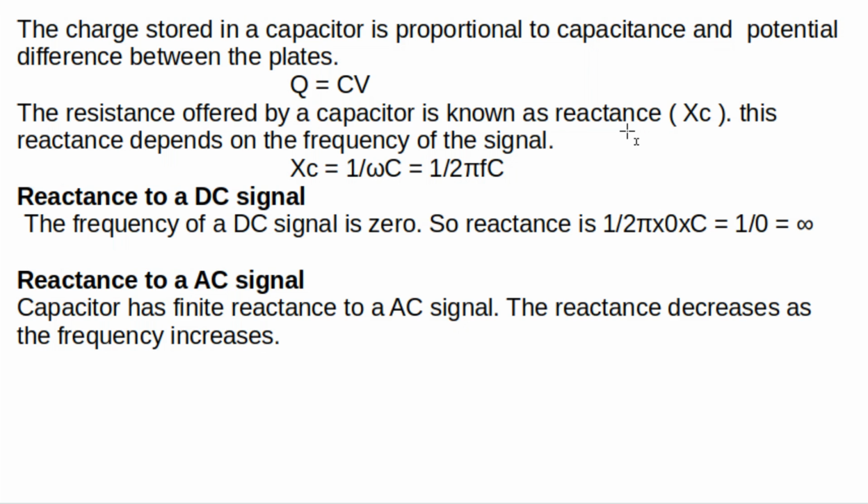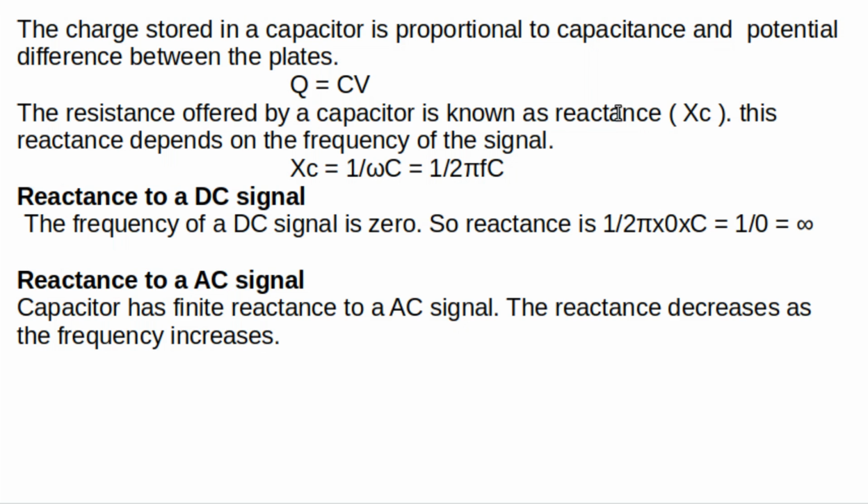We know that the resistance of a resistor is a constant for all frequencies of the signal flowing through it. But for a capacitor, its resistance is not a constant. It varies with the frequency of the signal flowing through it. So we use a different term, reactance.